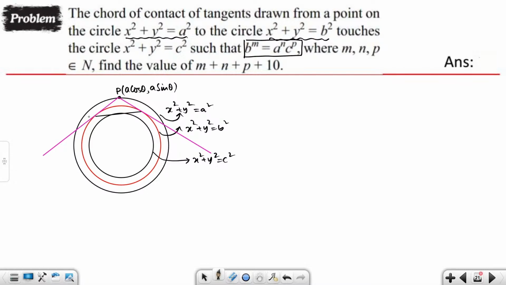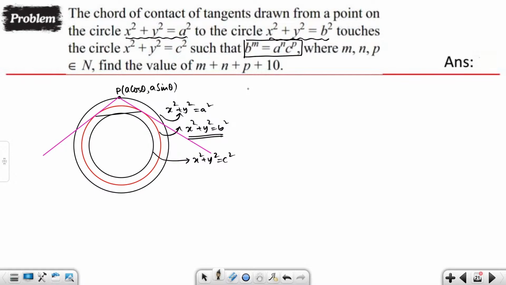Now what will be the equation of the chord of contact? What will be the equation of the chord of contact to which circle? We are talking about the chord of contact for the circle x square plus y square equals b square.